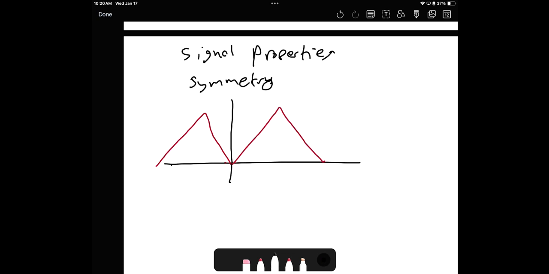Now look at the right-hand side and left-hand side of this sequence. The right-hand side and left-hand side are identical, the same, right? So in other words, I will say x of t equals x of negative t, right? So this is symmetrical. Since they are equal to each other, we will call it even symmetry.